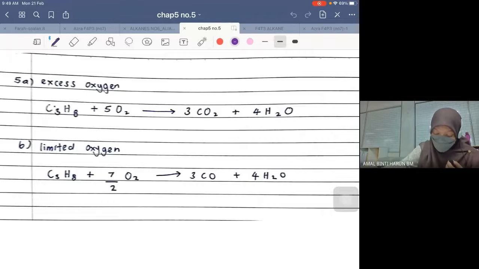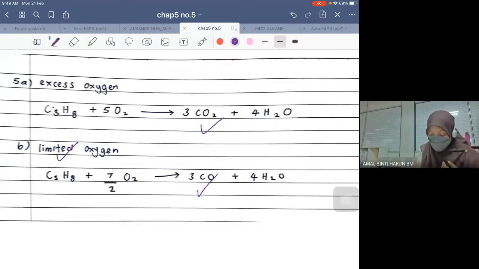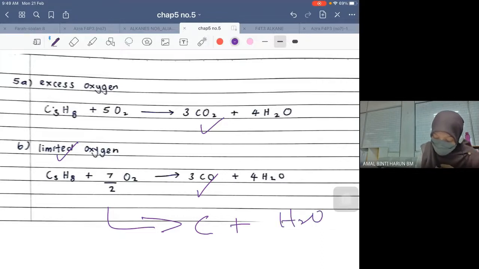Okay, untuk excess oxygen of propane, dia akan hasilkan CO2. Tapi untuk limited oxygen, dia akan hasilkan monoxide. Kalau dia further lagi oxidation pembakaran ni, combustion ni, sampai dia akan dapat carbon dan juga water. Okay, kira kalau cukup oksigen, dia akan dapat CO2 lah.